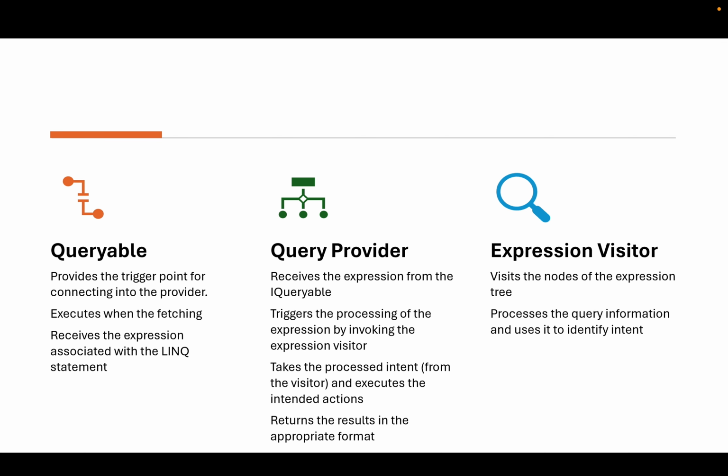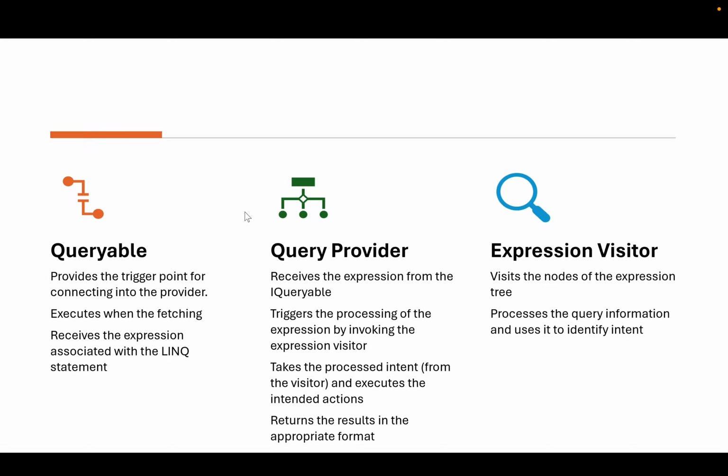So to get started, there's really three key parts of a LINQ query. In terms of processing it, there's three things that you're going to have to create. You're going to have to extend some kind of IQueryable. The purpose of the IQueryable is that it provides a trigger point for connecting into the provider.